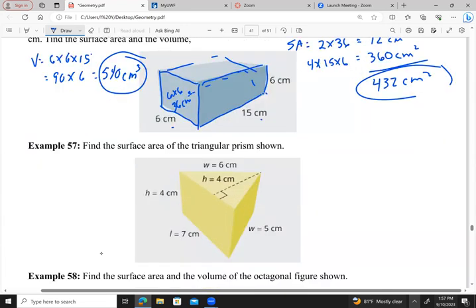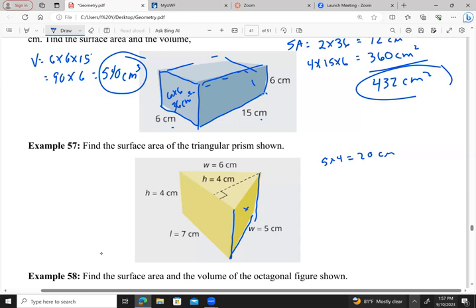Okay, so here we have find the surface area. So we have 5 centimeters by 4 centimeters. All right, that's one rectangle that's 5 by 4, which is 20 square centimeters.